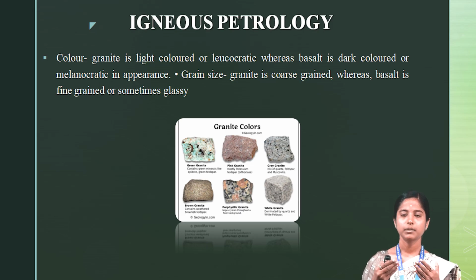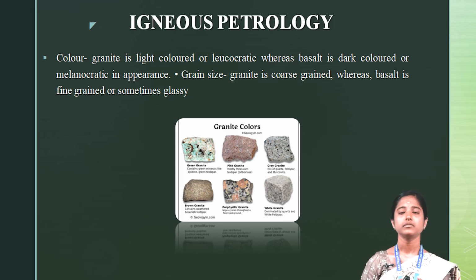Volcanic rocks, for example, are microscopic, because they have very fine grained particles, so we cannot observe the crystals or minerals with the naked eye. Because the minerals are very fine, we observe them in a petrological microscope.